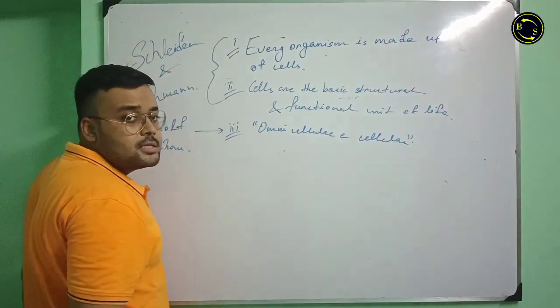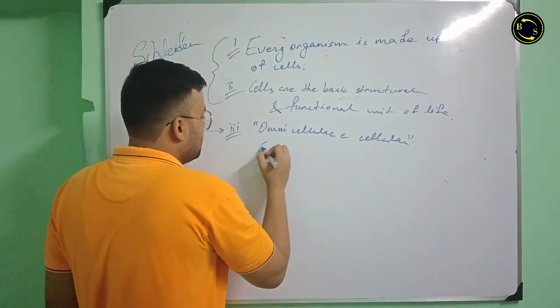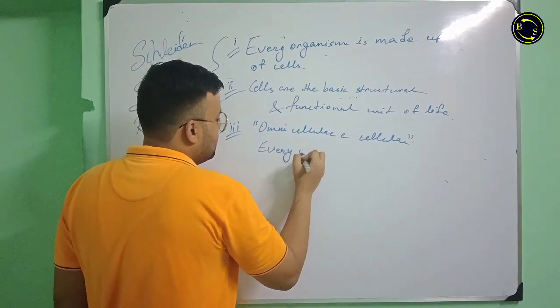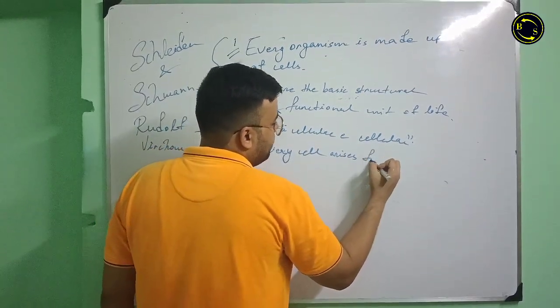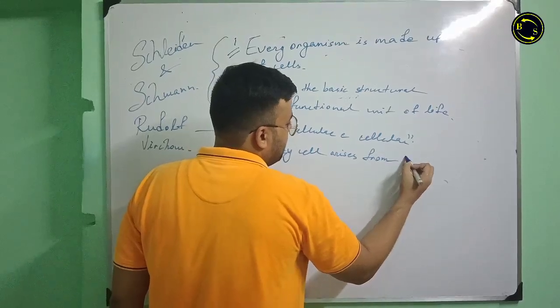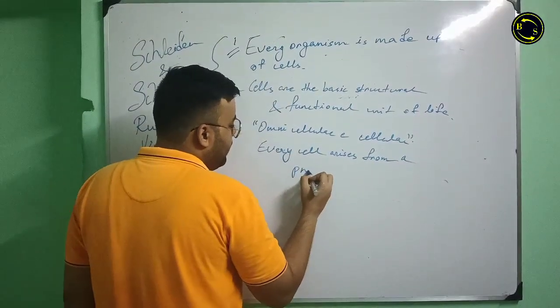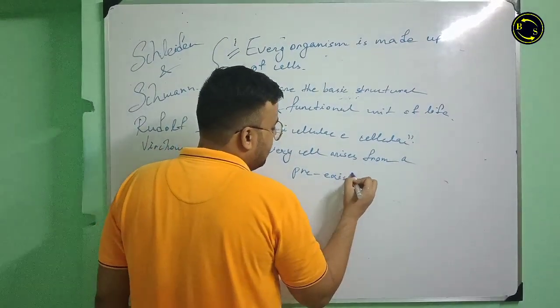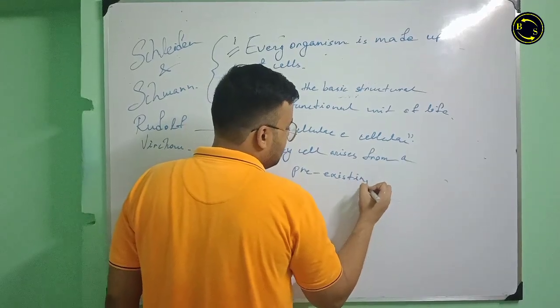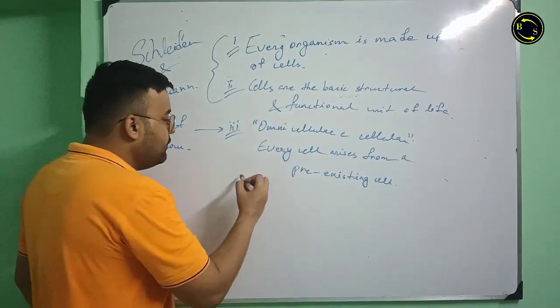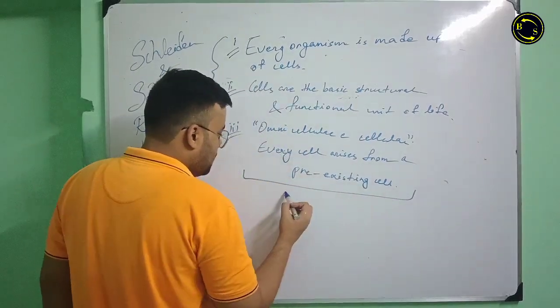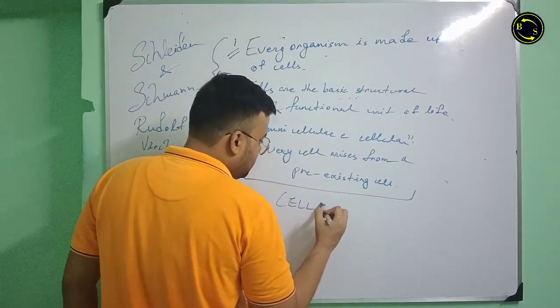This is a Latin phrase meaning every cell arises from a pre-existing cell. These three points are collectively known as cell theory.